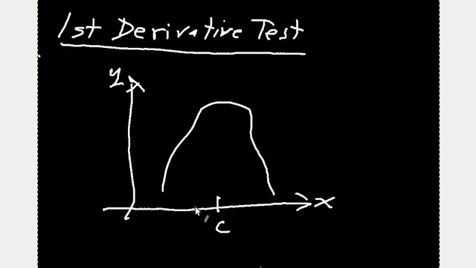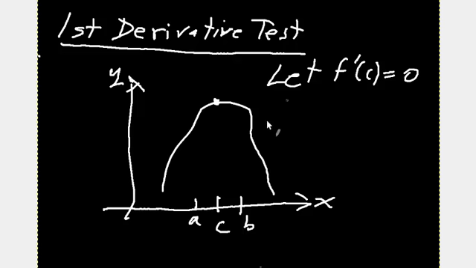And then I'll pick a value slightly less than c, or to the left of it, x equals a, and a value that's slightly to the right of c, making it greater than c. I'll call that x equals b. So we know that the first derivative is 0 because we have a local maximum there. So let's say we have the first derivative at c equals 0.